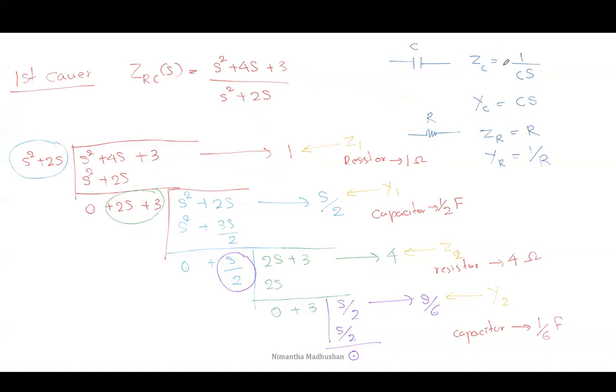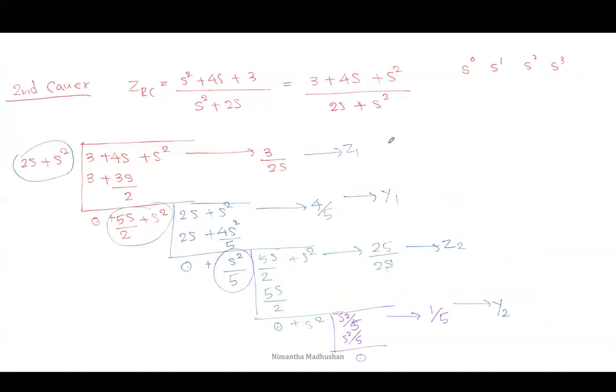You can see the impedance of the capacitor is 1 over Cs. Then this is a capacitor. The value is 2 over 3 farad. And the next one is a resistor. YR is 1 over R. Then the value is 5 over 4 ohm.